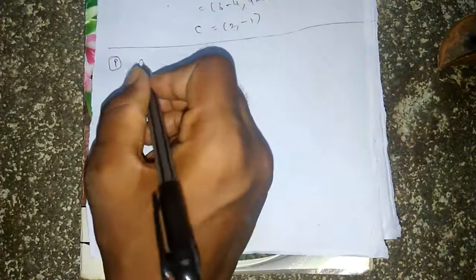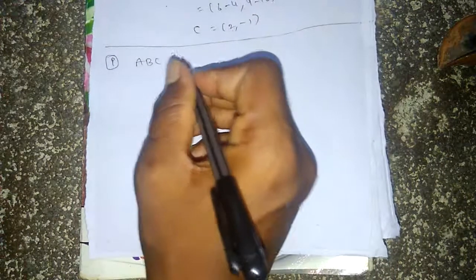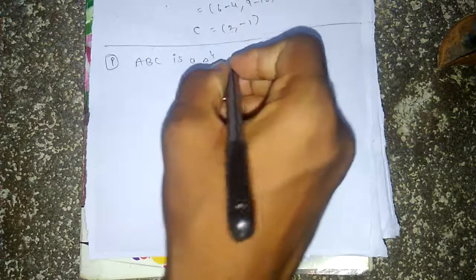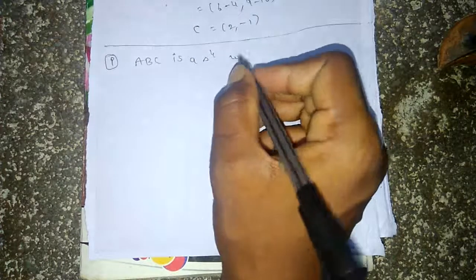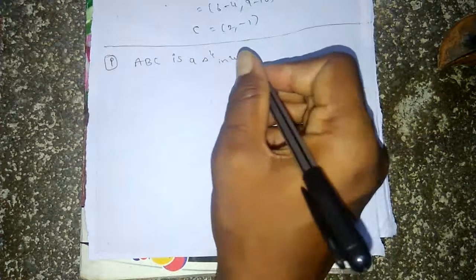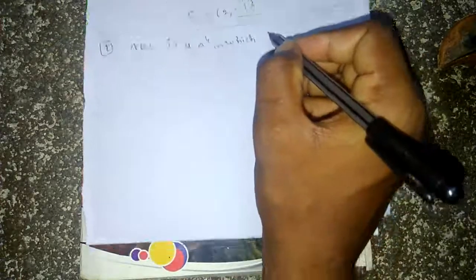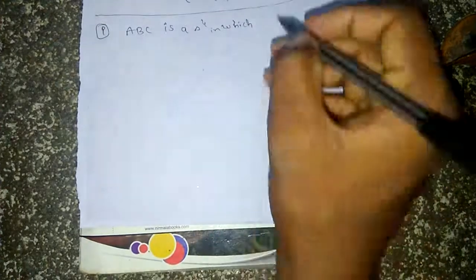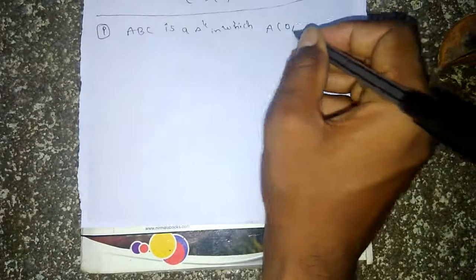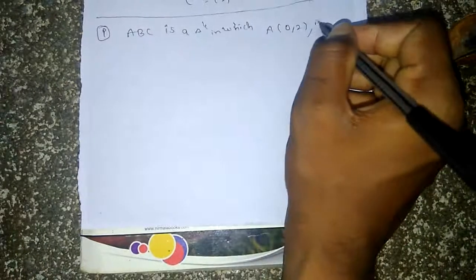Next problem: ABC is a triangle in which A is (0, 2), B is (4, 0).